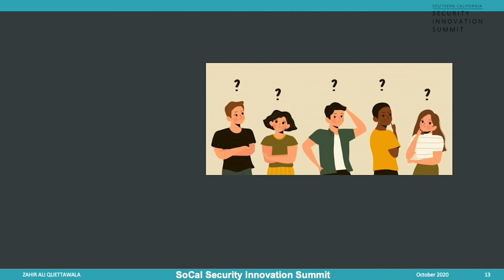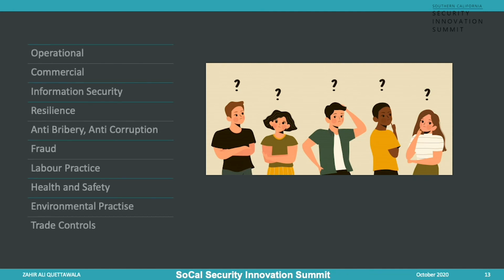So these are the 10 areas which we just discussed. Going back to my first focus slide, the 10 areas are operational, commercial, information security, resilience, anti-bribery and anti-corruption, fraud, labor practice, health and safety, environmental practice, and trade controls. I hope this adds some value in your understanding and your daily practices.